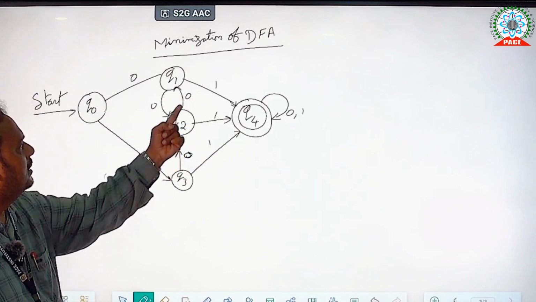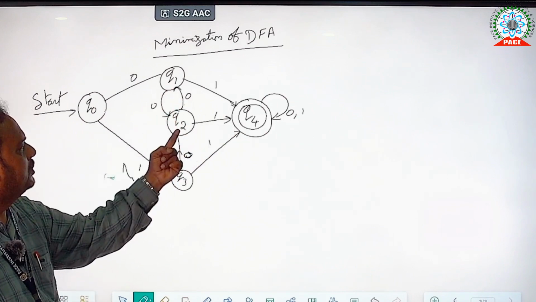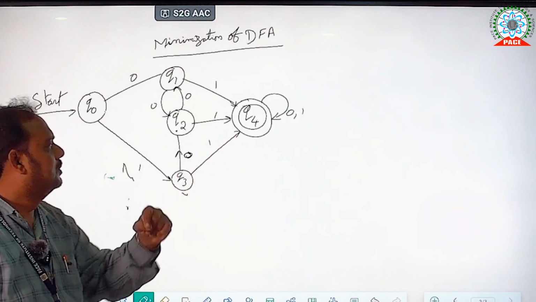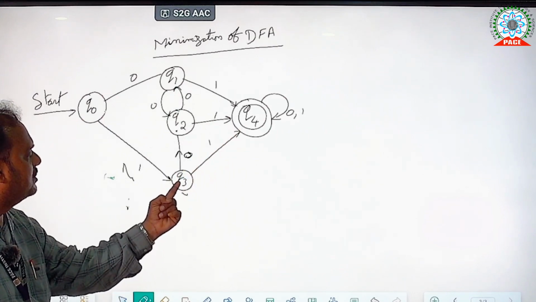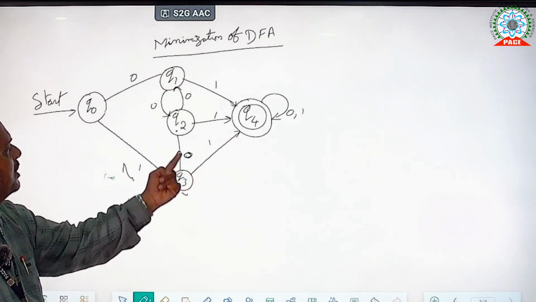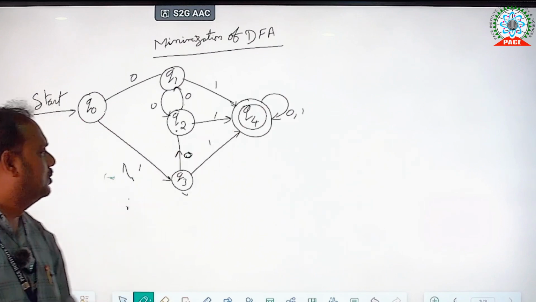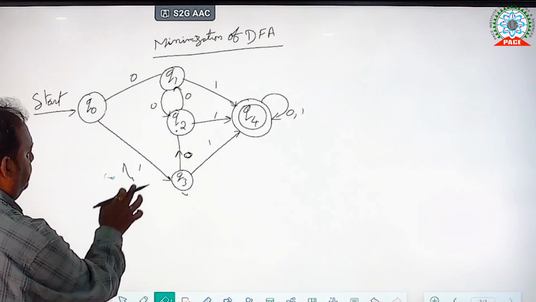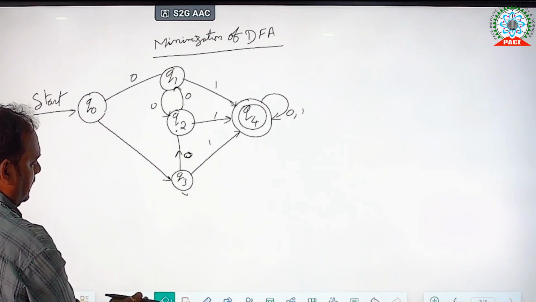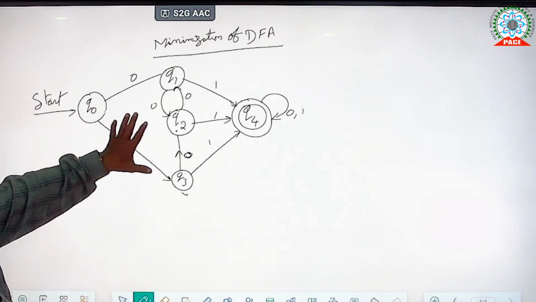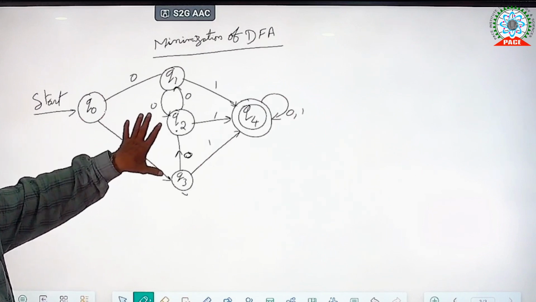Q2 follows the 0 transition to Q1, and Q2 follows the 0 transition to Q4. Q3 also follows the 0 transition to Q2, and Q3 follows the 1 transition to Q1. So in this way, the given diagram follows the DFA rule.